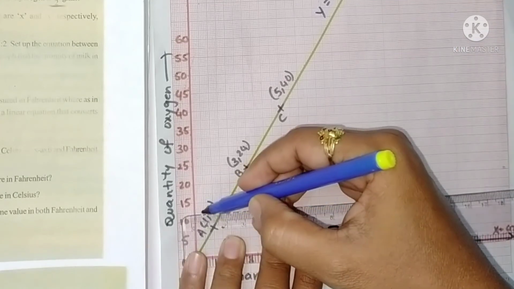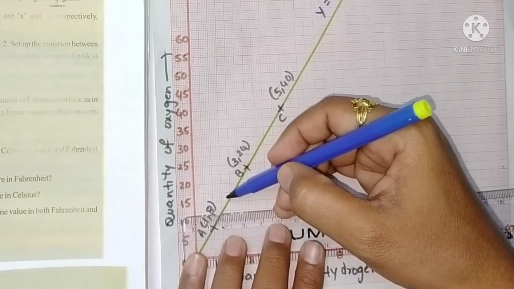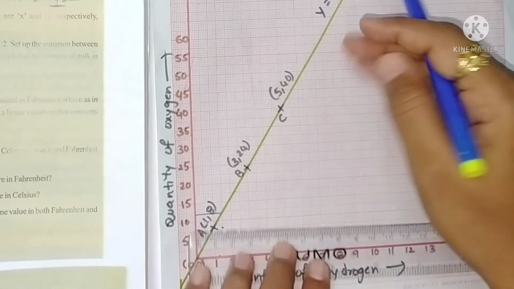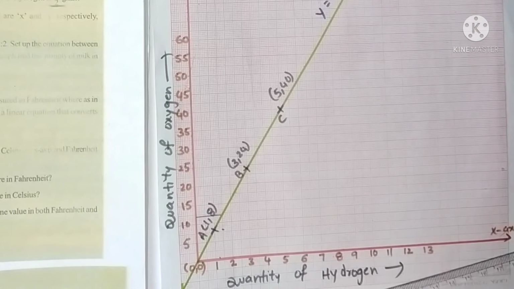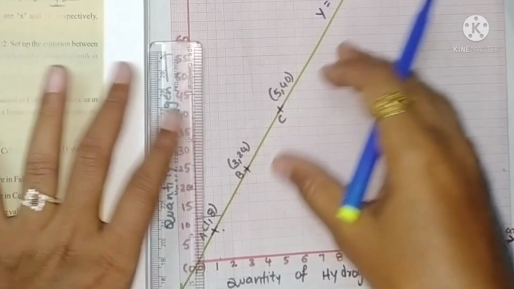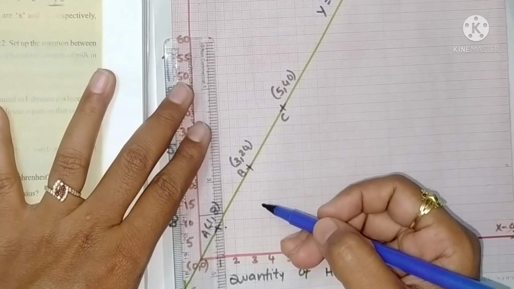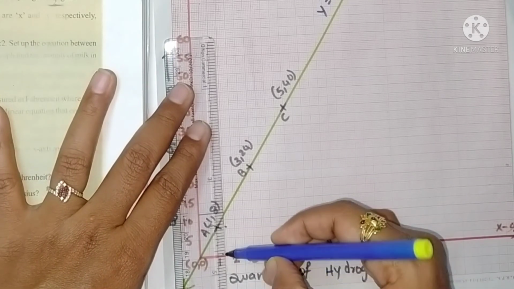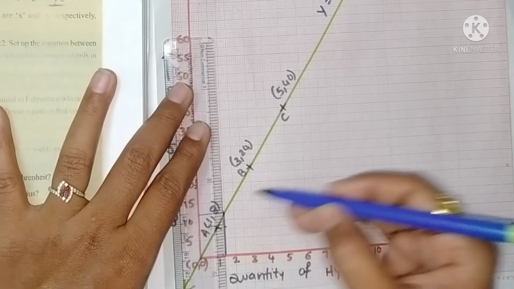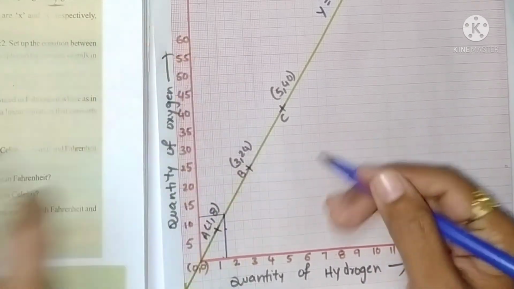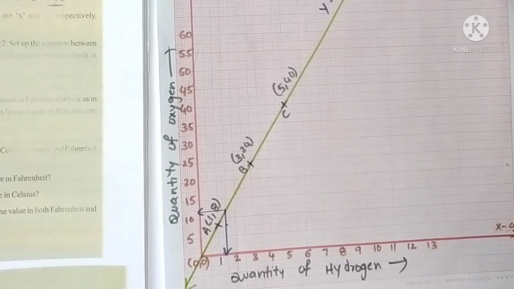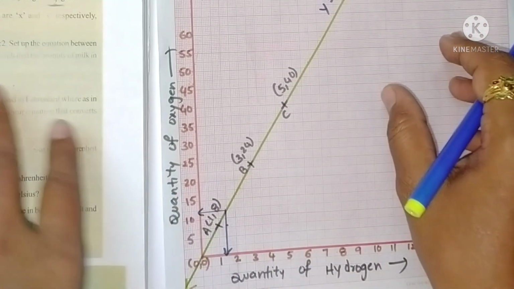The fifth line you look, it is a little brighter than the remaining. So again, if we draw a perpendicular, this is exactly in between 1 and 2. So this is 1.5. So if oxygen is 12 grams, hydrogen is 1.5.